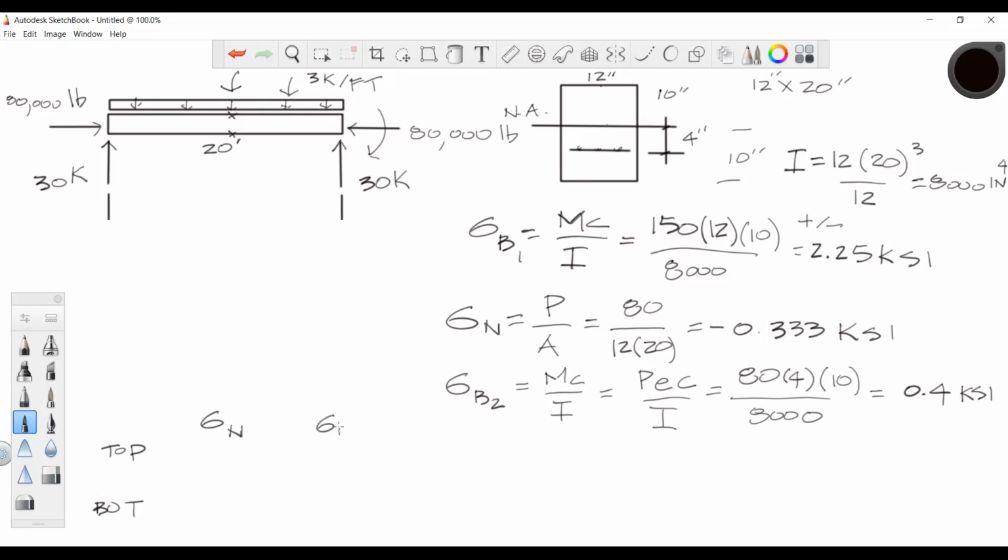We have bending stress 1. We have bending stress 2. And then we're going to have the combined stress. What's true about the top and the bottom under the normal stress? We said that that's all negative, right? It's all compression. So we have a compressive stress, top and bottom. Does everybody agree with that?